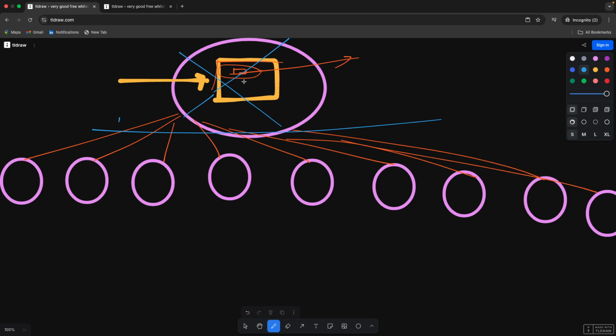What are we trying to say here is the hierarchy.